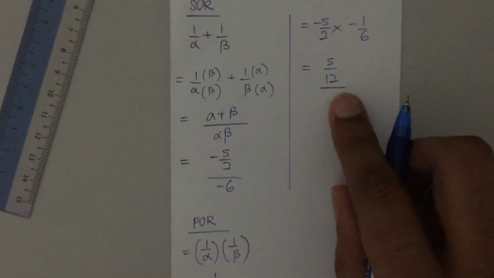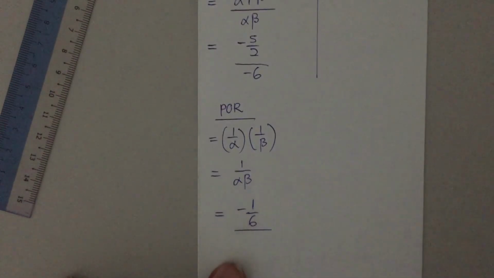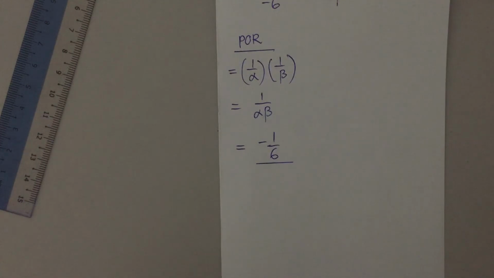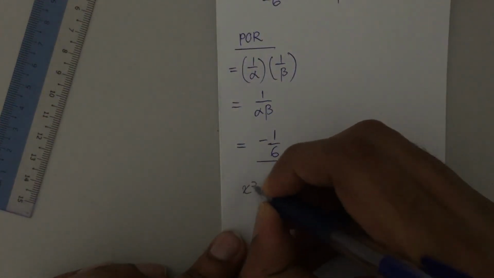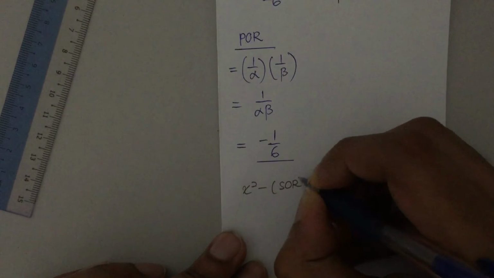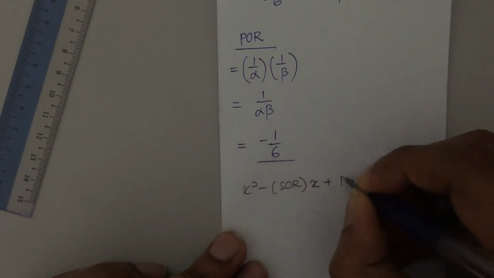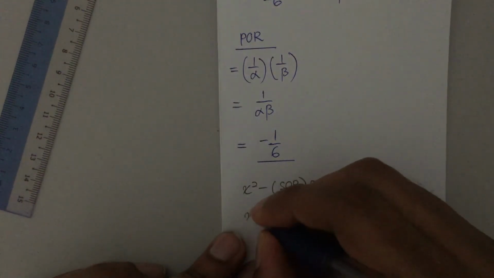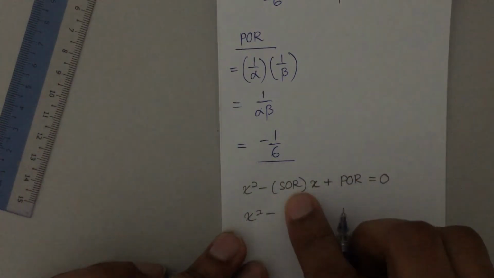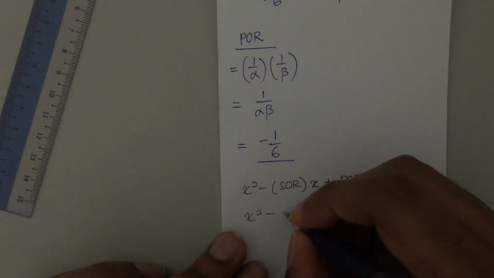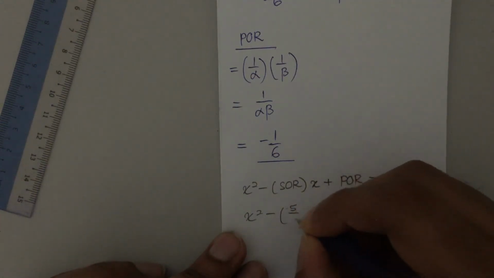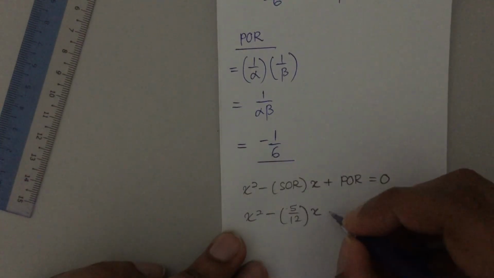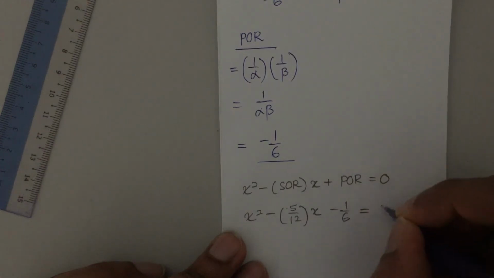You already have the SOR and you have the POR over here. So let us form the quadratic equation now. Let me write the formula once again. x squared minus SOR x plus POR equals 0. So x squared minus, in a bracket, 5 over 12 x, plus POR you can just straight away write negative 1 over 6 equals 0.